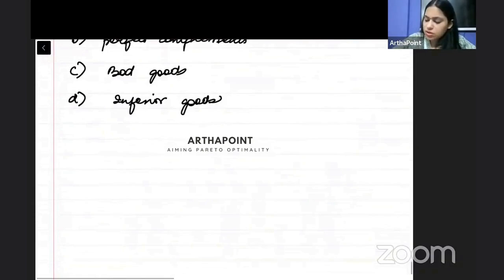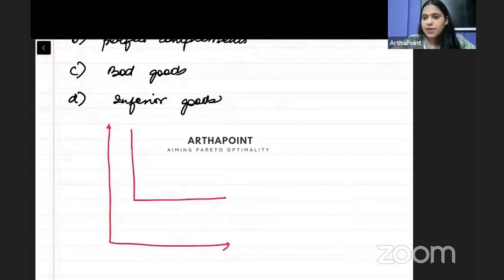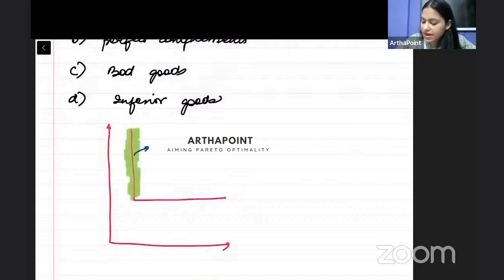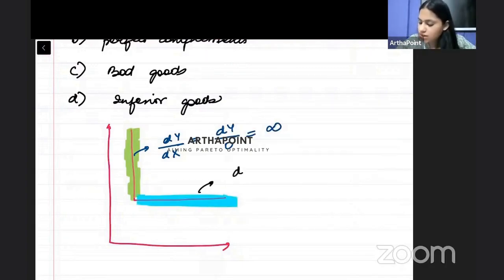Very simple question. So, perfect complements have kink shape ICs. And for these kink shape ICs, 3 तरीके के MRS possible हैं. If I look at this part, then I will see that if I find dy by dx, x is not changing, only y is changing. तो यहाँ पर हमारा slope हो जाता है infinity. If I look in this part, तो इसमें x तो change हो रहा है, but y change नहीं हो रहा. So here my slope is 0.